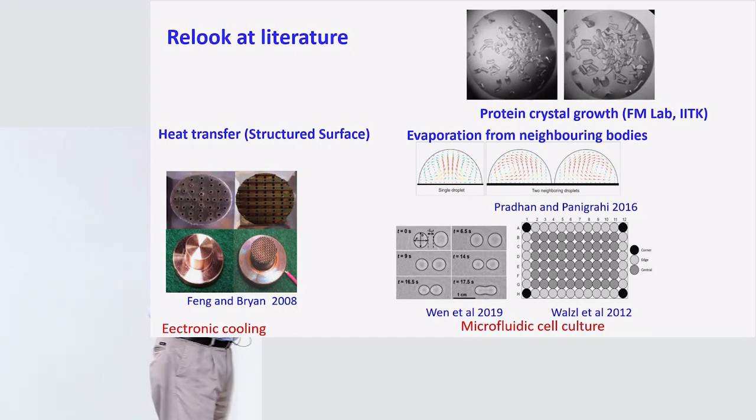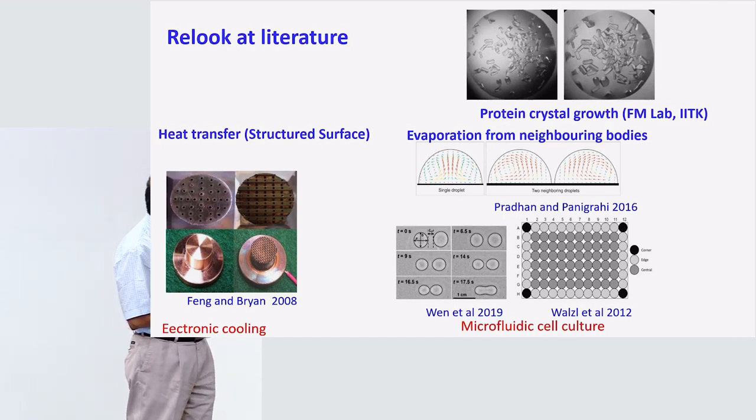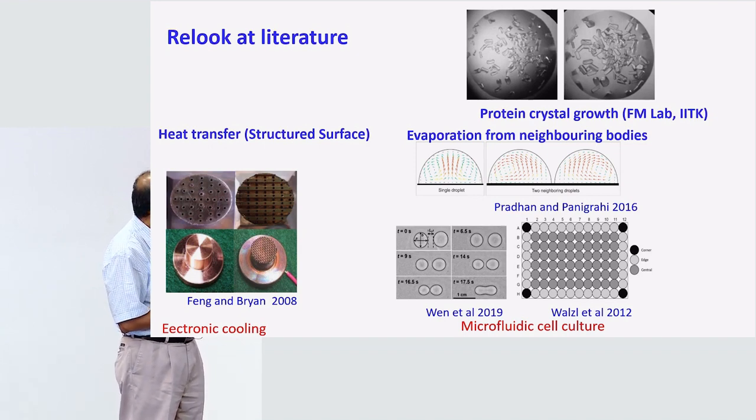Then I will tell you about one of our earlier studies, where we were looking into the convection. This one is a single droplet. We did a micro PIV study, and you see two recirculation bubbles. Then we did it between two droplets, and rather than two recirculation bubbles, we get one recirculation bubble.